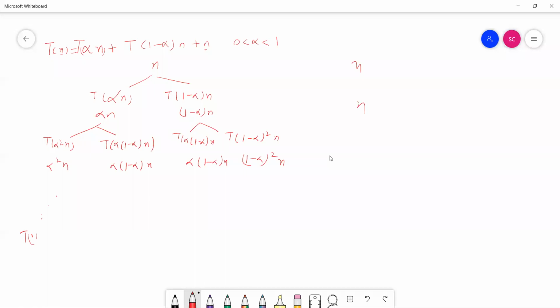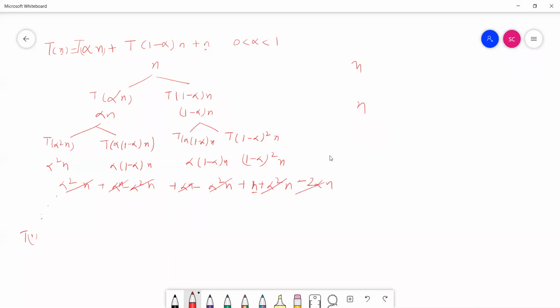Here, if you add alpha square n, alpha minus alpha square n, alpha minus alpha square n, and so on, and solve this equation, the terms cancel, and this and this got cancelled.